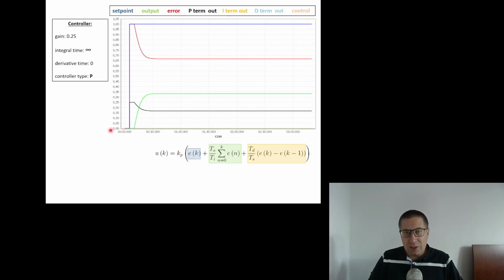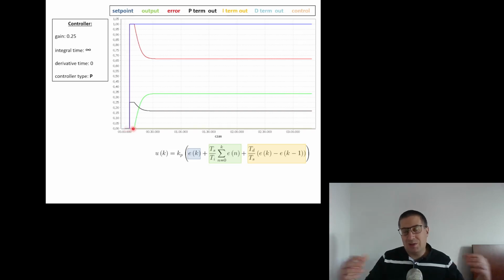So let's try to analyze the system. And of course this controller is connected to the plant. If we change the set point from 0 to 1, this is a so-called step change of the set point, we will increase the value of the control signal, because you see the output of our plant is here.